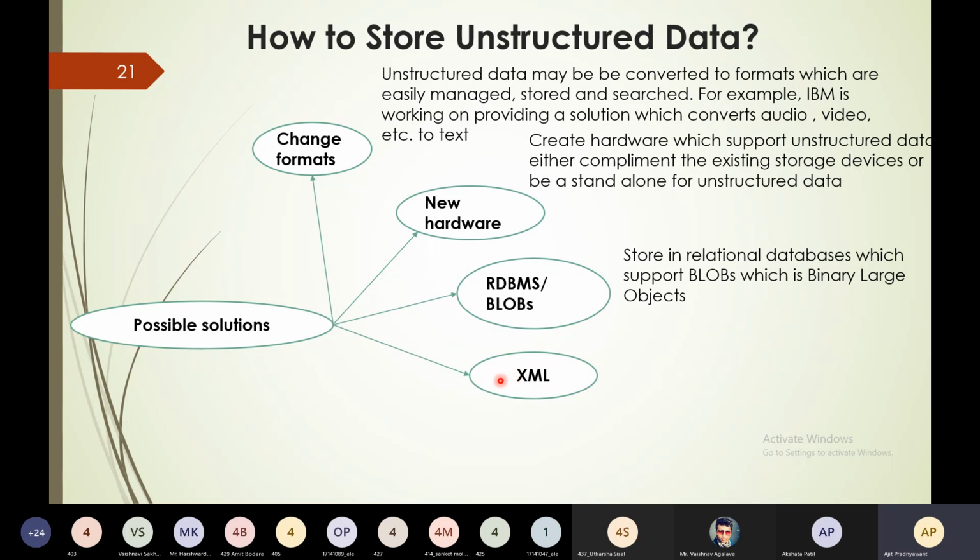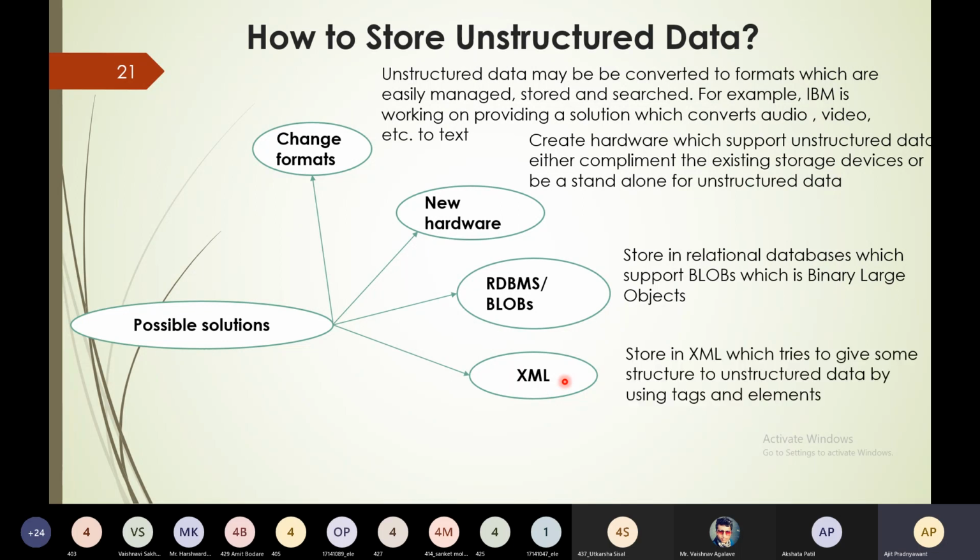Next is XML. Whatever unstructured data you have, convert this into a structured format and keep that data in an XML file. XML allows you to keep your data in a structured, or rather semi-structured, format, but it will remove the ambiguity that unstructured data will face.